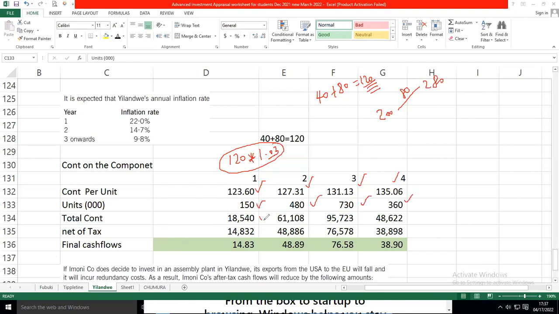Then you go to total contribution. Knock off the tax, so net of tax, you remove 20%. So you've got 14,832, 48,76. Then you convert these figures to millions. You report these figures in millions.